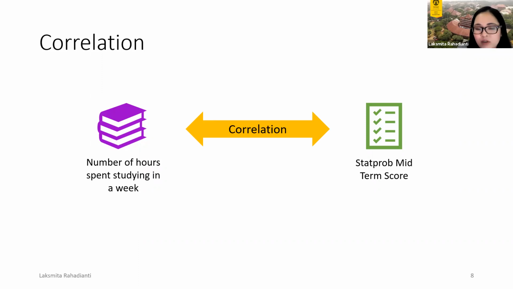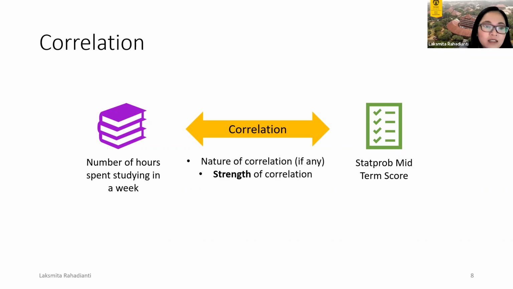Does more numbers of hours of studying correlate with a higher midterm score, perhaps? So I could use correlation concepts in order to study this relation between the two variables I have here. I can figure out the nature of correlation, if any, as well as the strength of correlation.